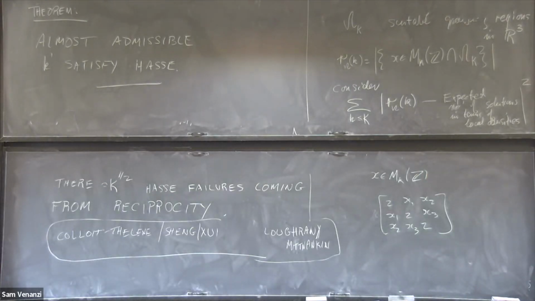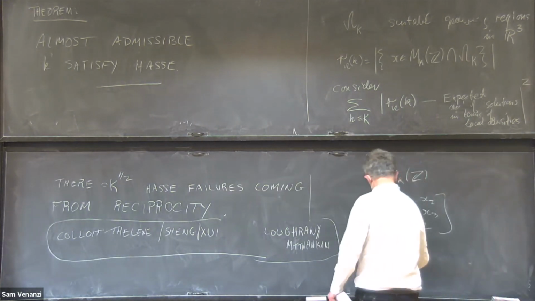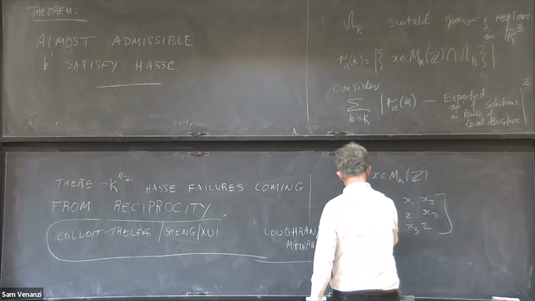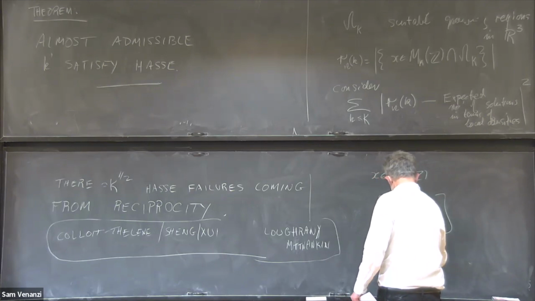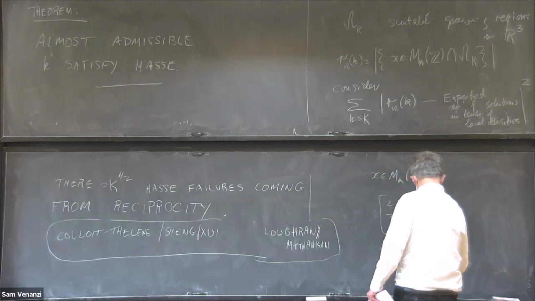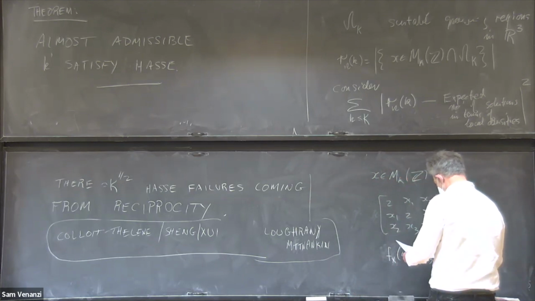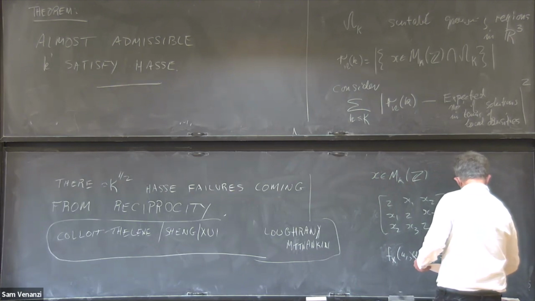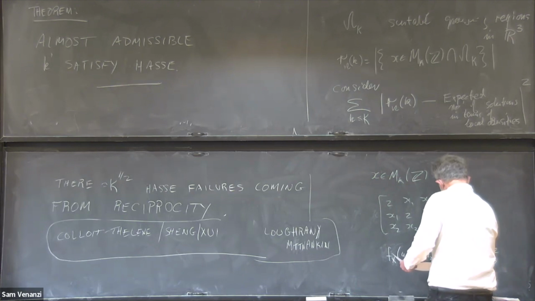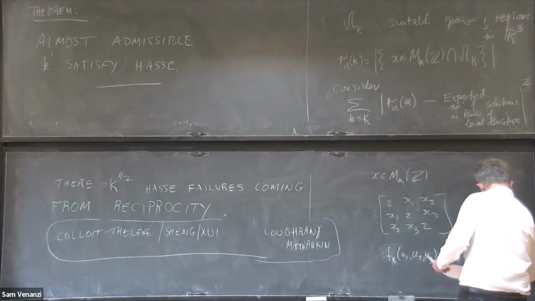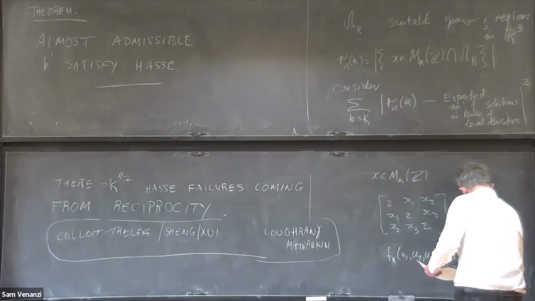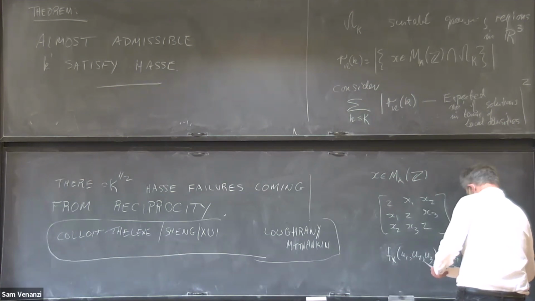Let f of x be the ternary quadratic form, integral, corresponding to this, divided by 2: U1 squared plus U2 squared plus U3 squared plus x1 U1 U2 plus x2 U2 U3 plus x3 U1 U3. I'll mix those up.